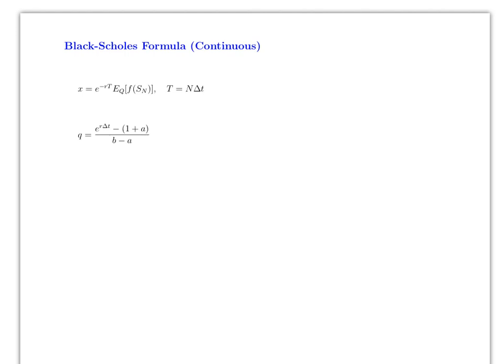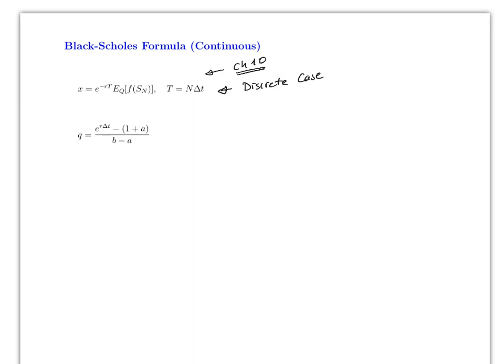Now we're going to try to derive the Black-Scholes formula in continuous time. We have done this actually in the discrete case. This formula is from chapter 10. We have used this before. So this is the discrete case.